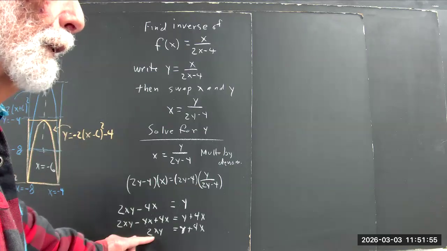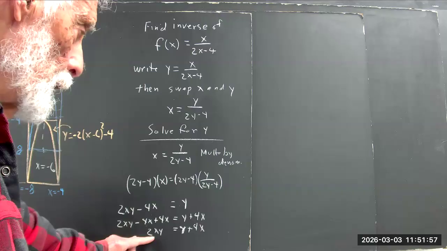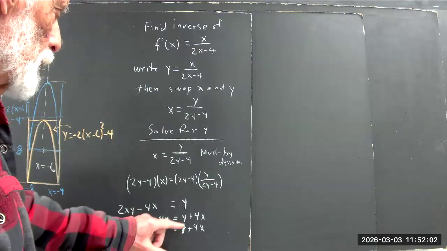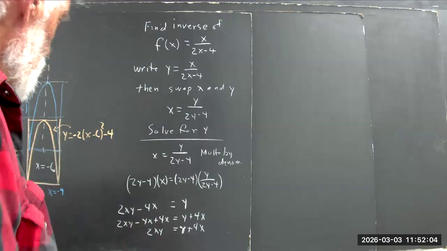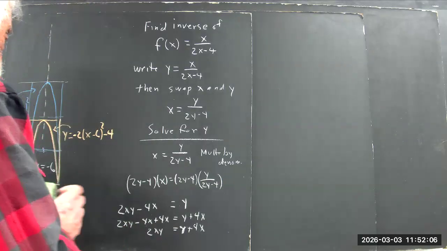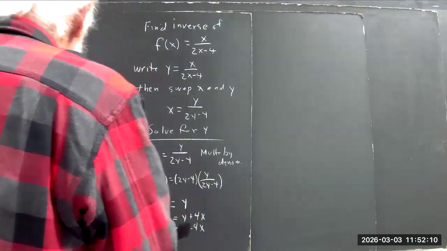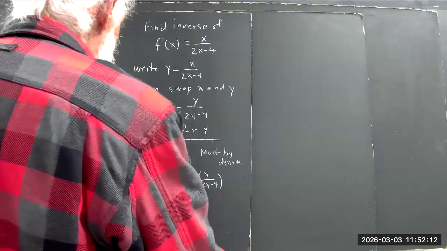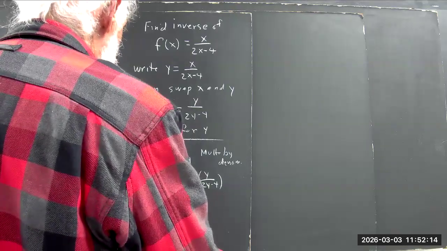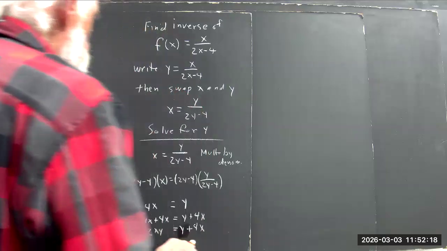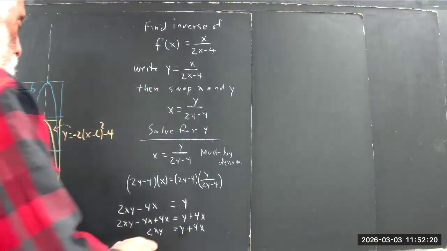Now we still have an x on the left-hand side. And we could get it onto the right-hand side if we divide both sides by x. But if we did that, we would have a y over x, and that's going to be real inconvenient. So before we do that, we want to get all the y's on the left-hand side. So we subtract y from both sides.